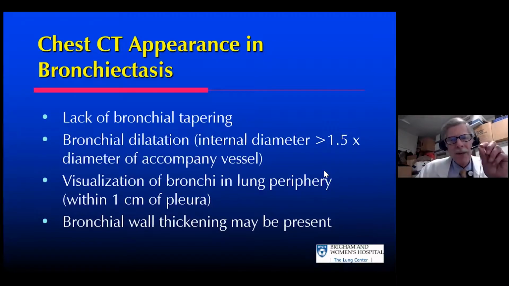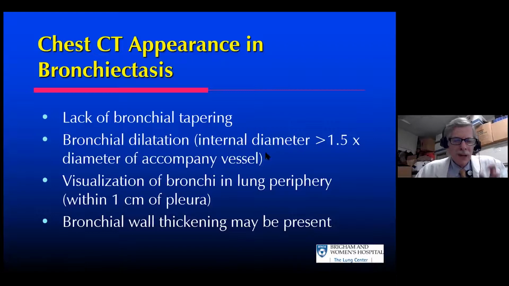Comparing the diameter of the vessel that runs together with the bronchus: the usual is that the internal diameter of the bronchus is the same as the diameter of the vessel that it runs with. And so if the diameter of the bronchus is 1.5 or more times the diameter of the accompanying vessel, then you can say it is dilated. And so that's abnormal. Dilatation is a feature of bronchiectasis.